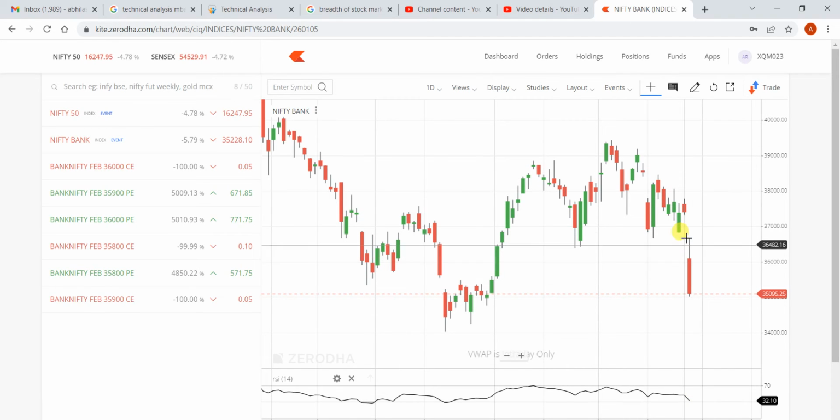That means today's fall or maybe the next day's fall will be considered an oversold zone, and we will see a reversal in the coming week. Reversal in the Nifty, Bank Nifty, reversal in the stocks, in particular stocks.